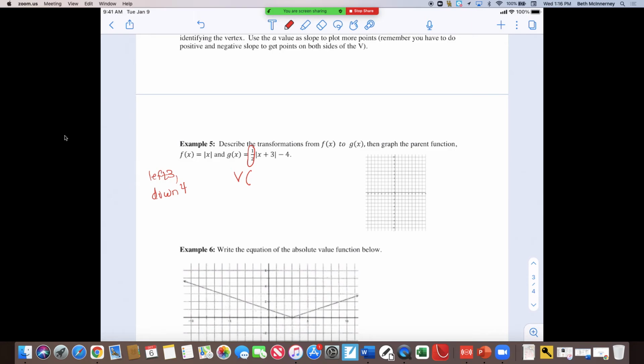So that's going to be a vertical shrink. That 1/2 is not inside with the x, okay? It's on the outside. So this is a vertical shrink of 1/2. So my vertex went from 0, 0, and I moved it left 3, down 4.